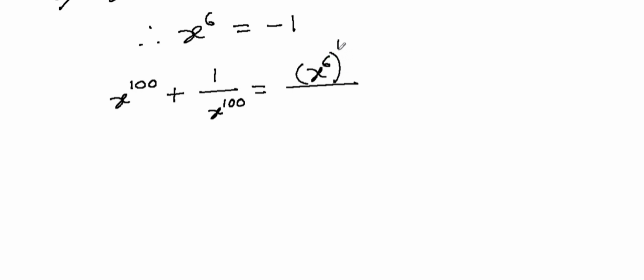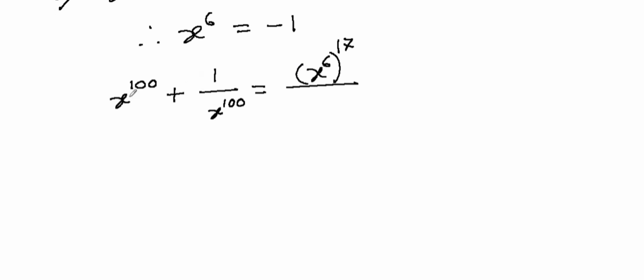x to the power 100 plus 1 over x to the power 100 equals. Now we know the value of x to the power 6. So I write down x to the power 6 and 17. So here x to the power 6 times 17, we get 102.